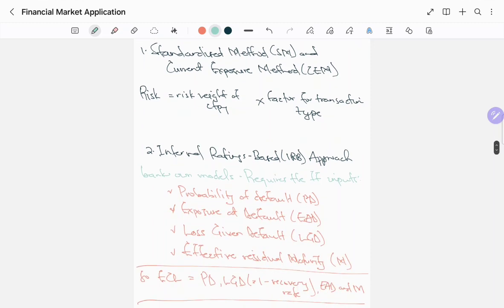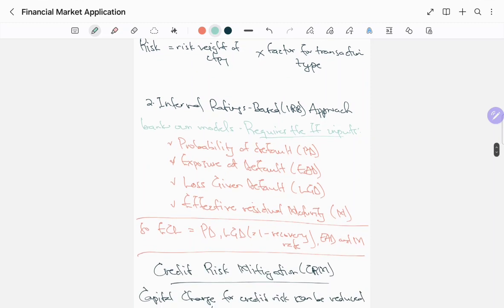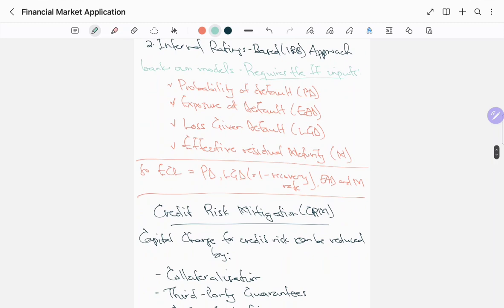Just like the market risk, if you don't want to use the standardized approach, you can also use your internal approach, right? Where again, you go through your internal models to quantify this credit risk. Now, this model requires the following inputs. It requires you to know the probability of default, the exposure at default, the loss given default, and then the effective residual maturity, or the tenor or the time to maturity of the exposure.